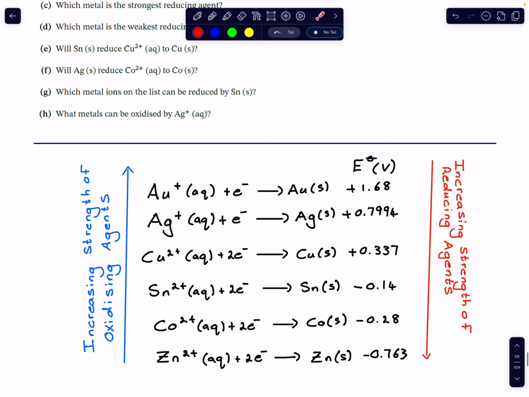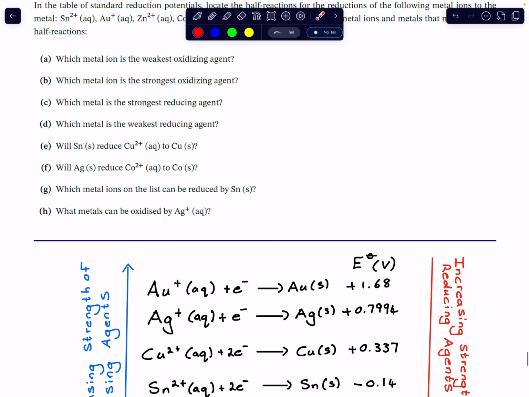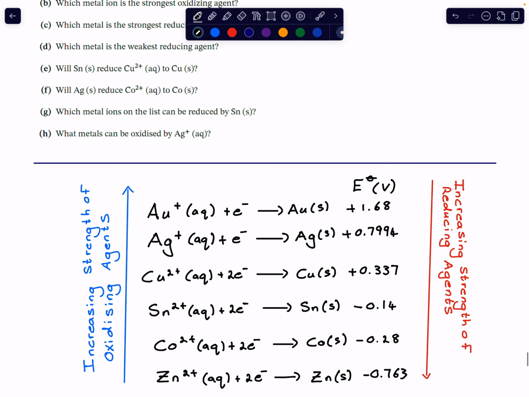In other words, if we look at our trend here, increasing strength of oxidizing agents, which one is the least likely to be reduced? And that is zinc 2+. So zinc 2+ doesn't really want to be reduced. It's happy to be zinc 2+.